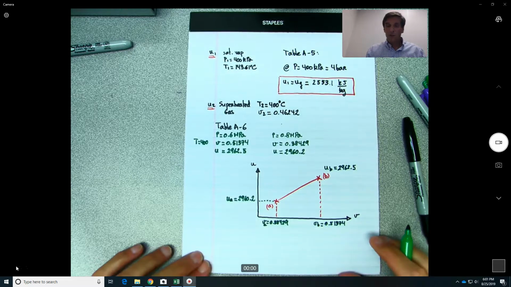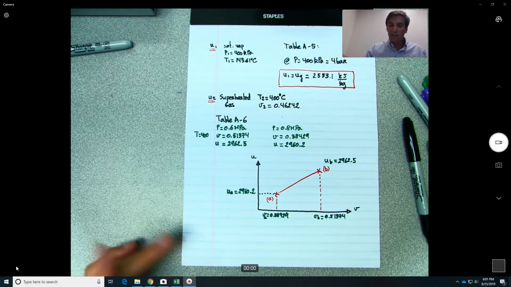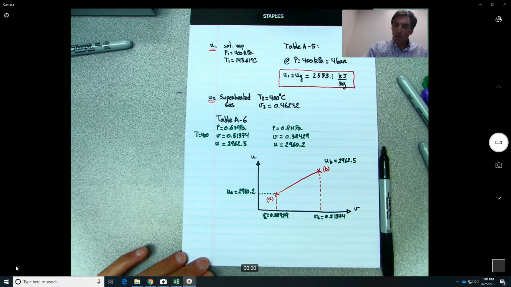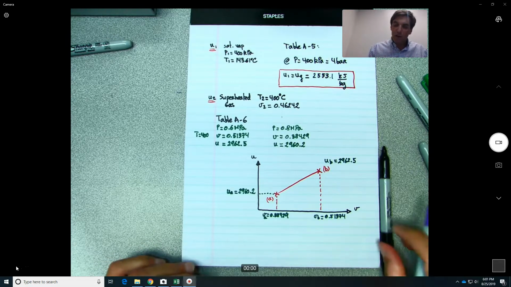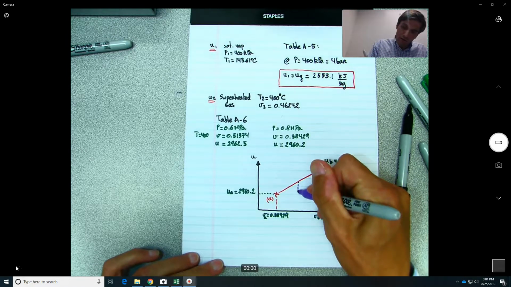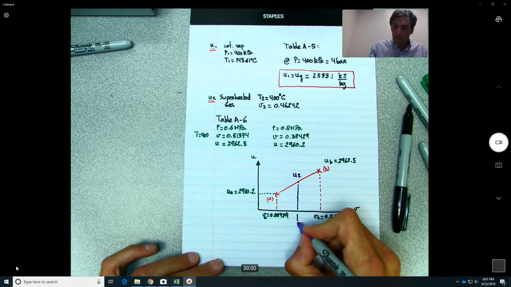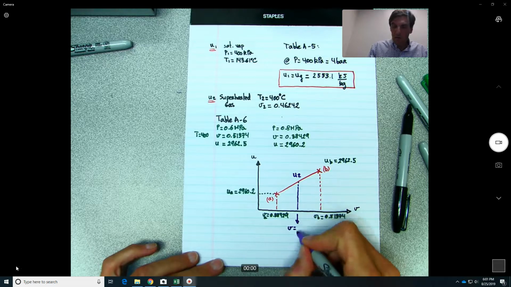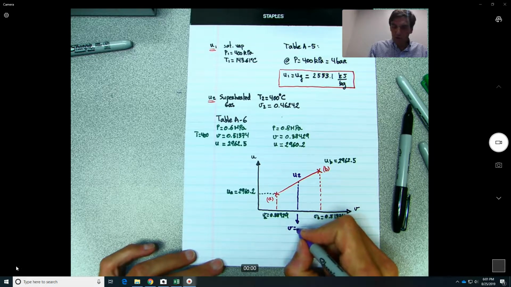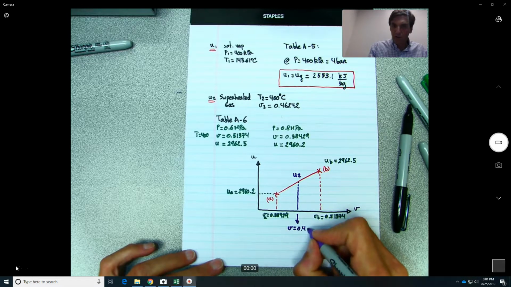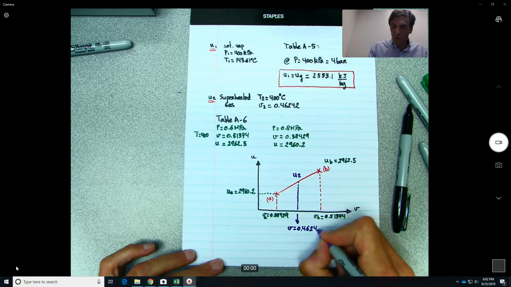Okay, so we're trying to interpolate over here the value U2 at the value V equal to 0.46242.